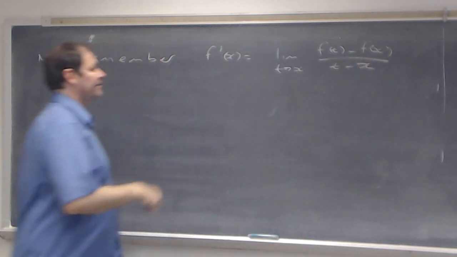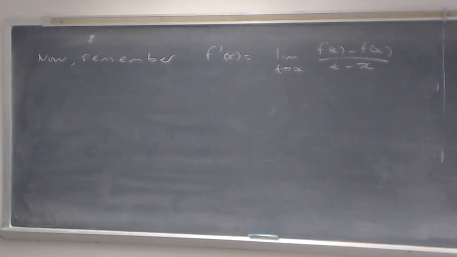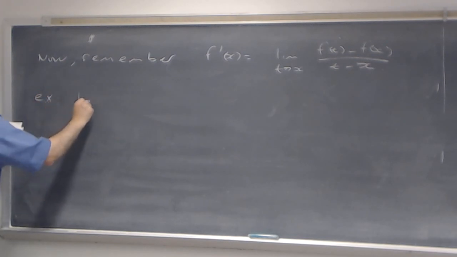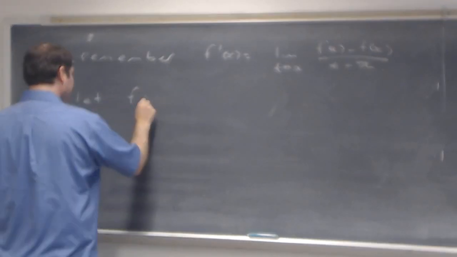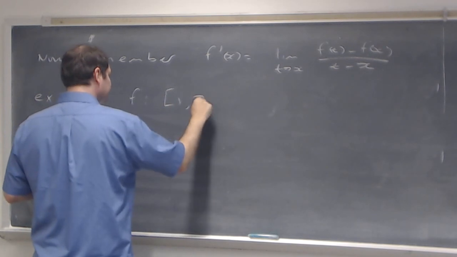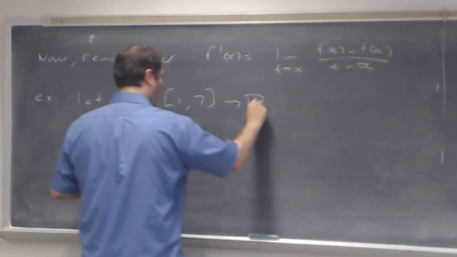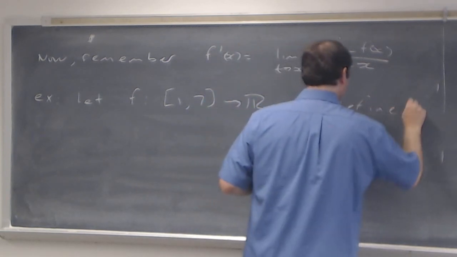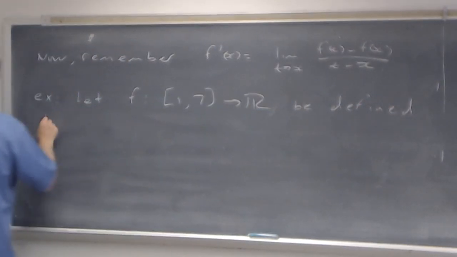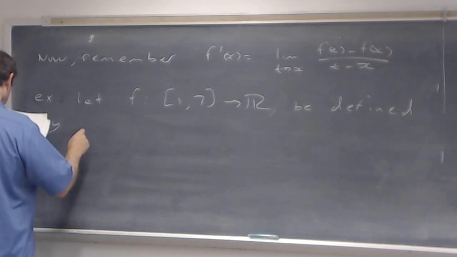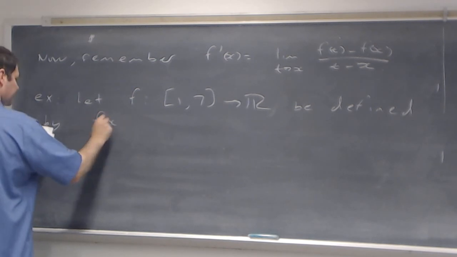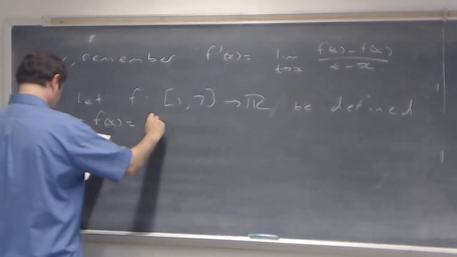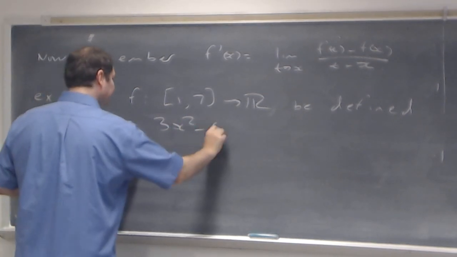So that's the definition, the derivative of a function at x. Okay? So let's look at an example. And let's let f map 1 to 7 into R be defined by f of x is equal to 3x squared minus 5.